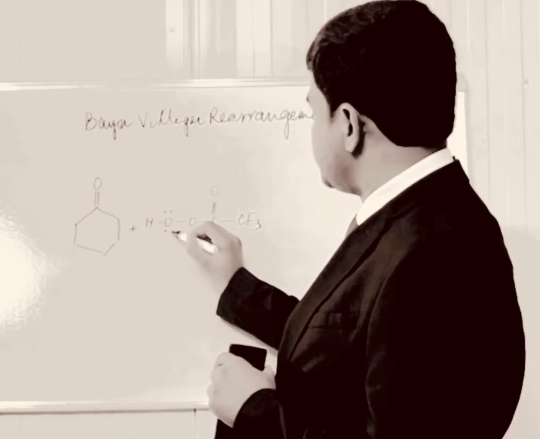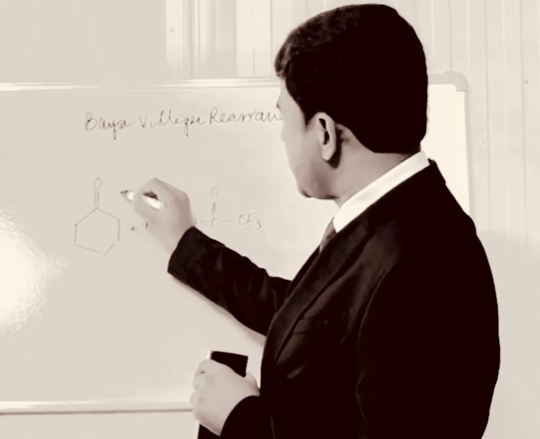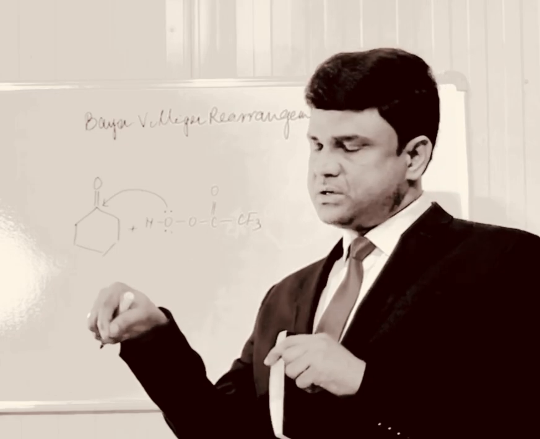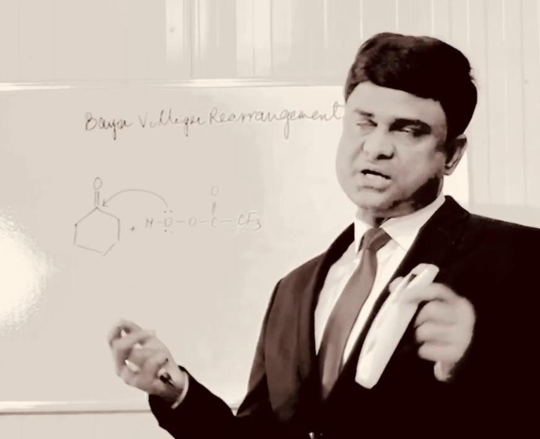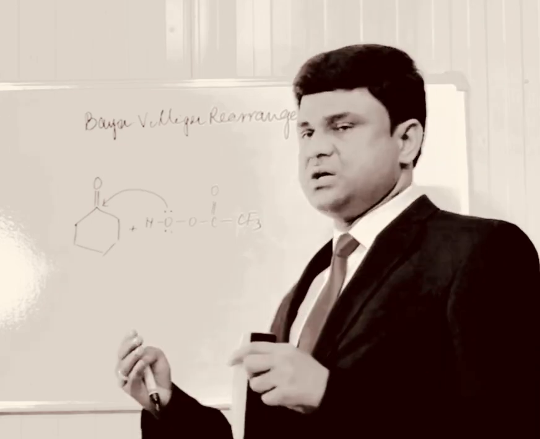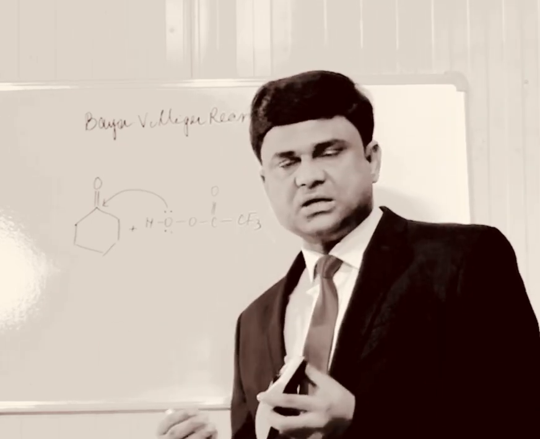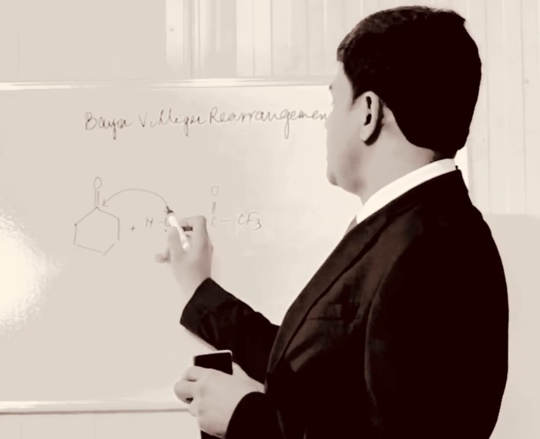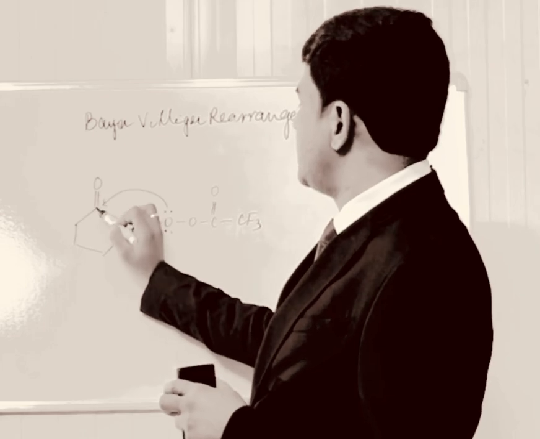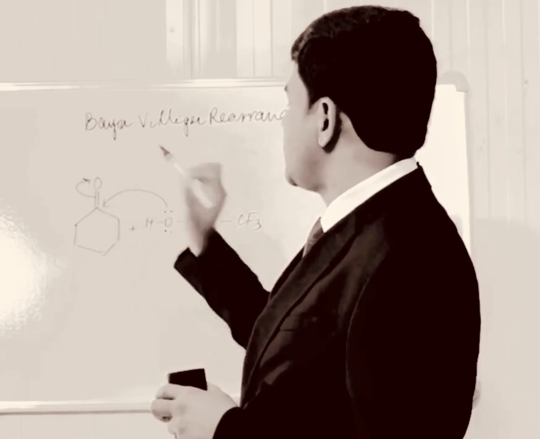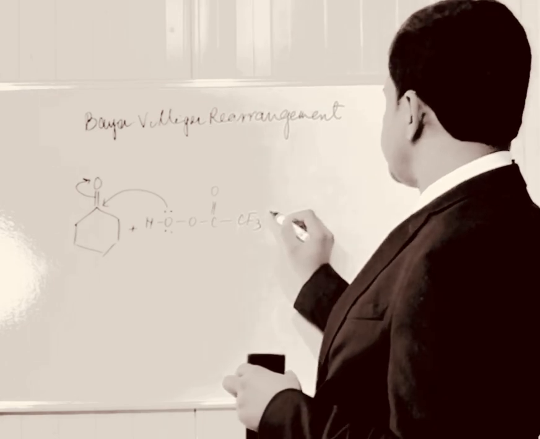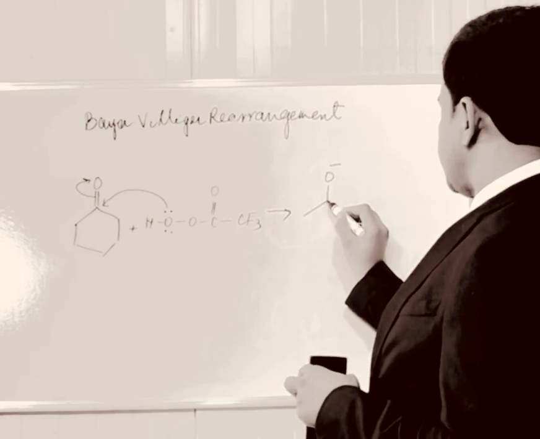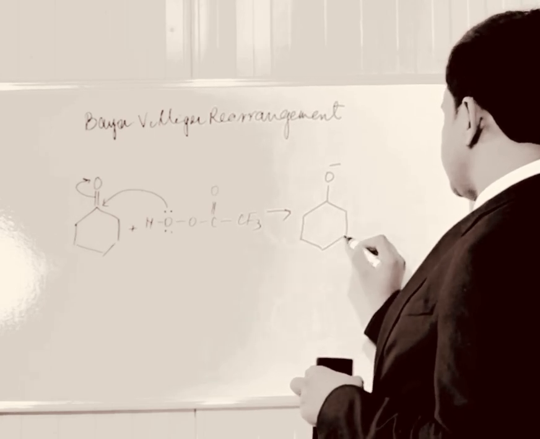there is attack of this lone pair as a nucleophile, because we know that if a lone pair attacks on the carbon, then it is known as a nucleophile, and if it abstracts the proton, then it is known as a base. Therefore here this lone pair attacks on this carbon, and therefore there is shifting of this bond here, and formation of a product like this, O minus, like that.